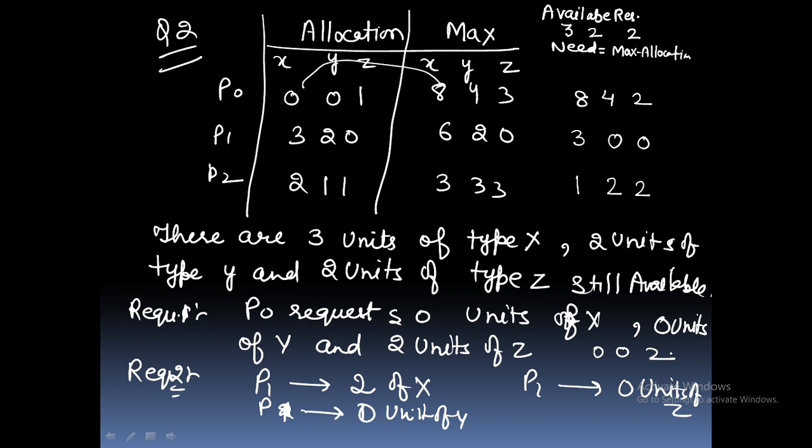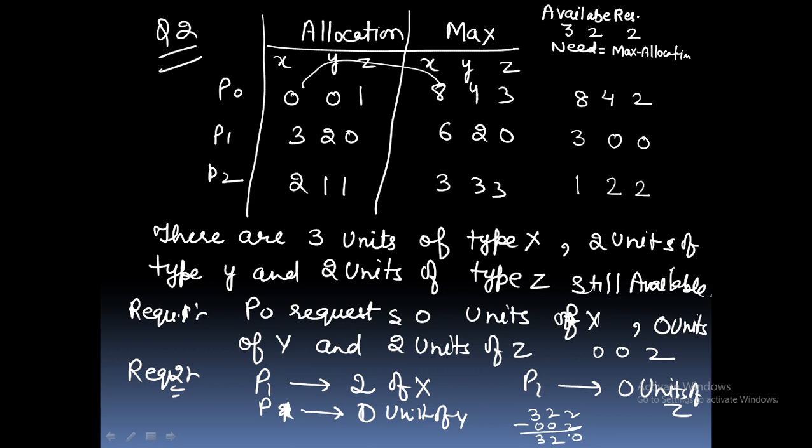And in the second step, you can satisfy it by this method. You have 3, 2, 2 available resources. When you subtract 0, 0, 2 from 3, 2, 2, you will find 3, 2, 0. Now follow the safety algorithm to check whether this resulting state is a safe state or not. If it is a safe state, then request 1 can be permitted, otherwise not.